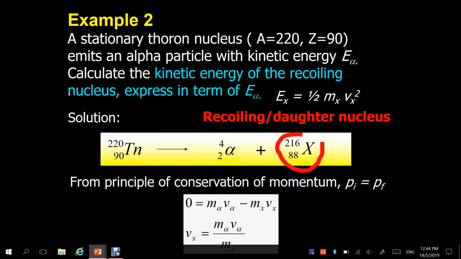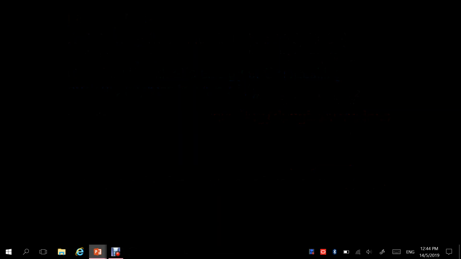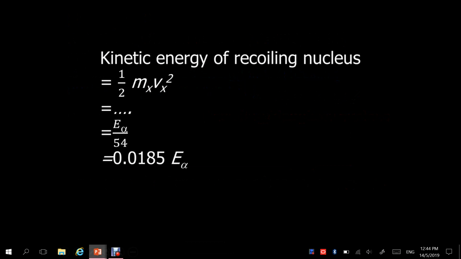So the velocity of X is the ratio of the mass times the velocity of alpha. The denominator here is mx, the mass of X. Solving the equations, the KE of the recoiling nucleus is half mx Vx squared.